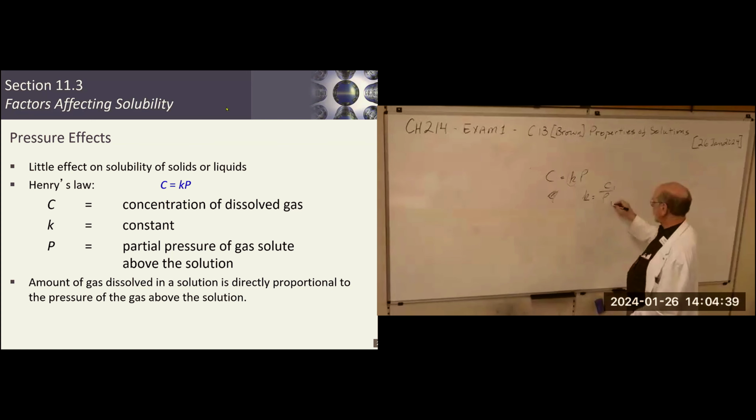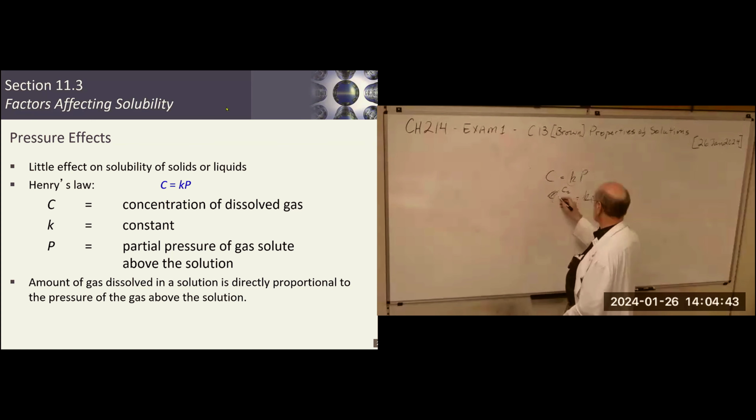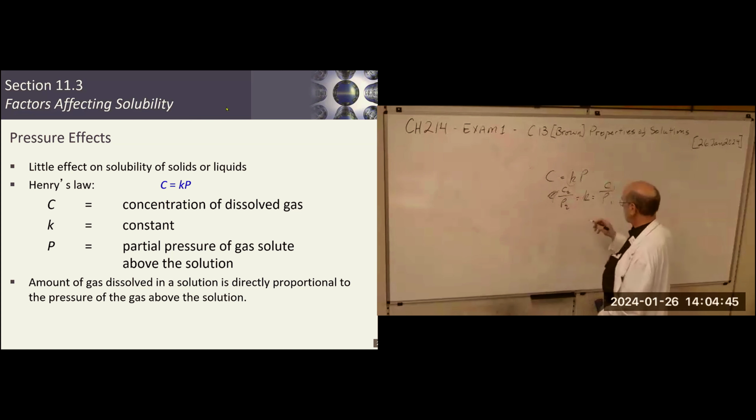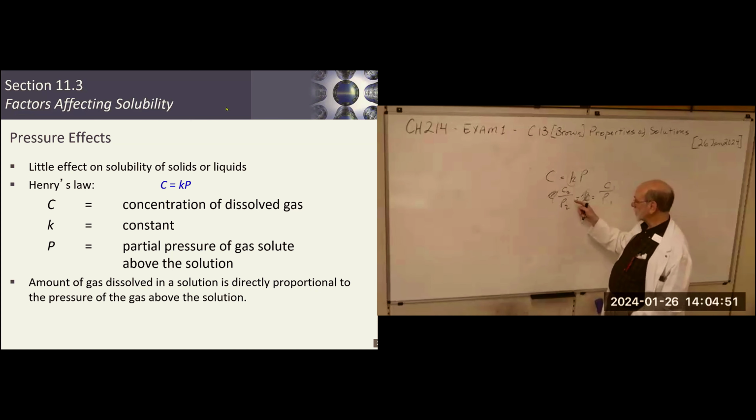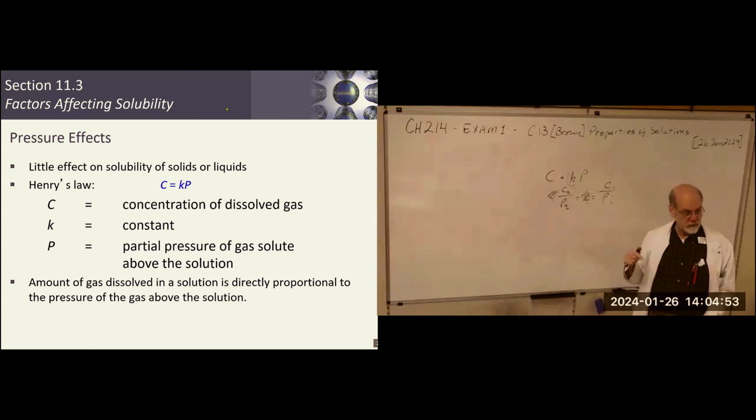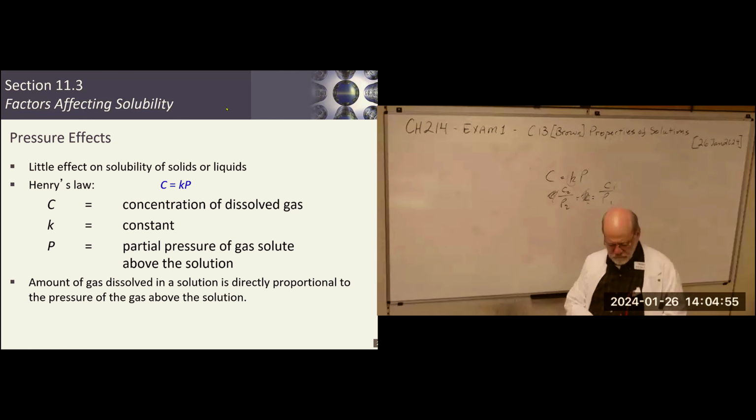All right, so if this is 1, and this is the initial condition, and then this is the final condition, then we can get rid of the K and say, if we know the concentration before at this pressure, and now we increase the pressure to this value, we can calculate the new concentration. That would be the before and after type.